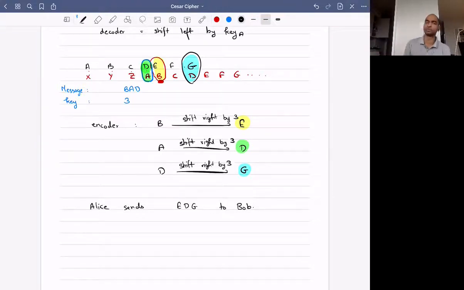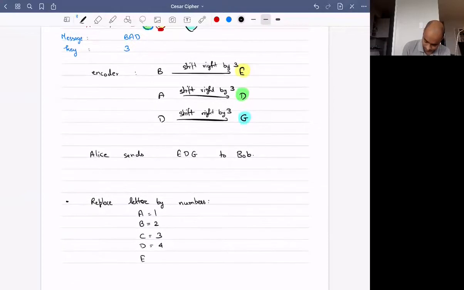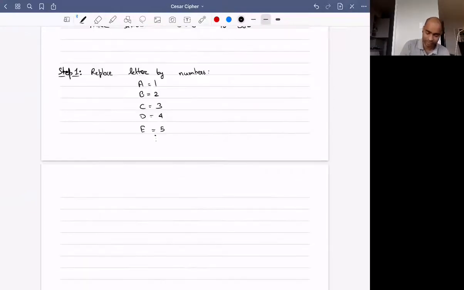This brings us to modular arithmetic. There is a very nice way to encode this using mathematics. So first thing we'll do is replace letters by numbers. So for example, I can do A is equal to 1, B is equal to 2, C is equal to 3, 4, and so on. Then you will convert the message to numbers.